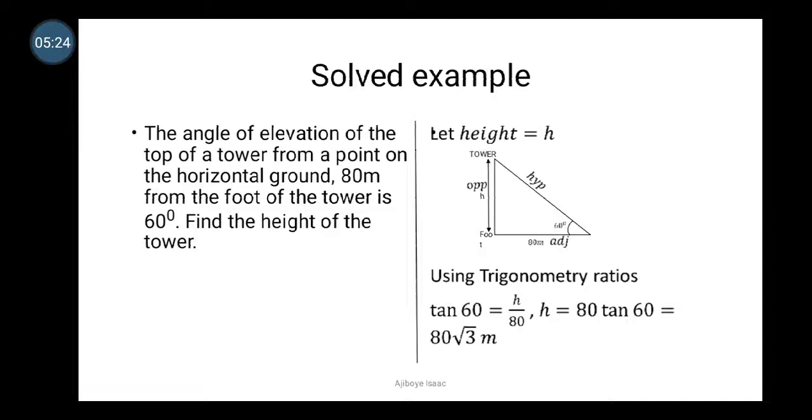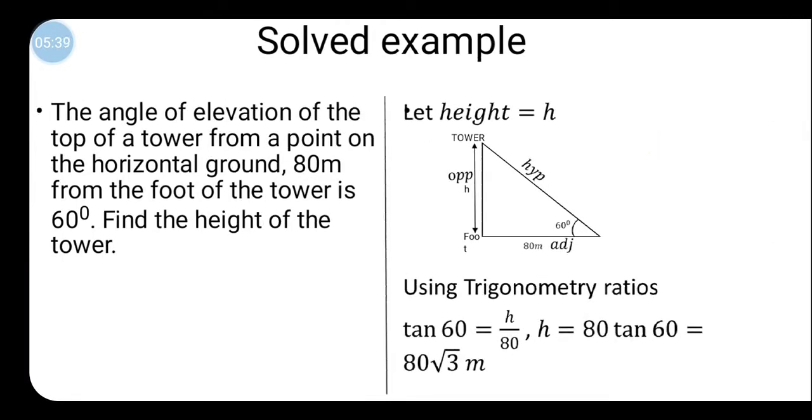So we draw the tower, the vertical height, and the foot of the tower. Then we represent the 60 degrees as the angle of elevation. I told you that whenever you have a right angle triangle problem, the first thing to do is to label the sides.